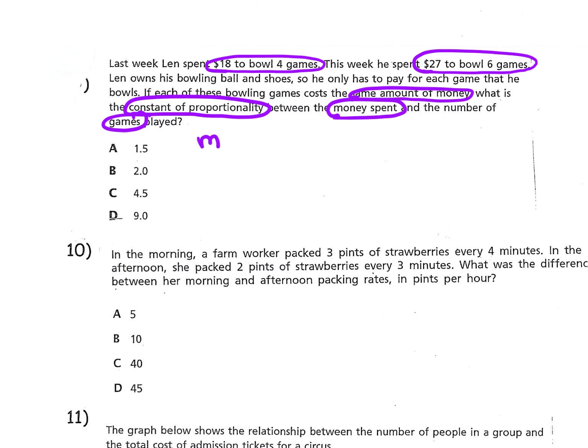So money will go on top and the number of games on the bottom. In other words, our Y is the cost, our X is the number of games. And we're looking for the K rate. Well, let's set up a couple of ratios.